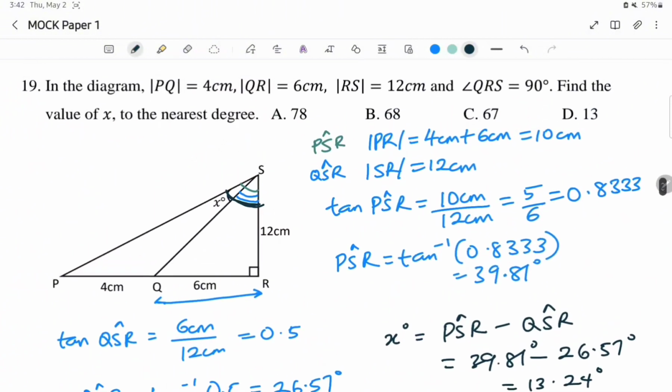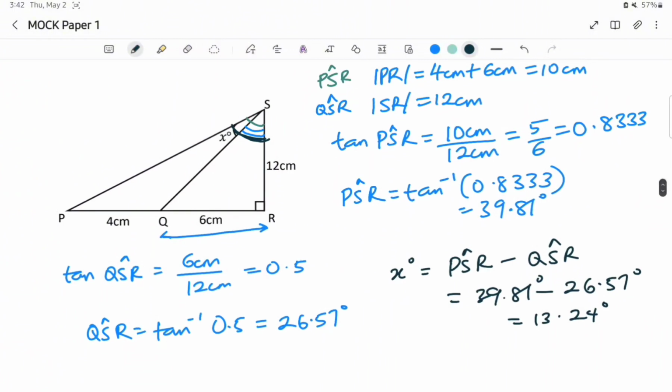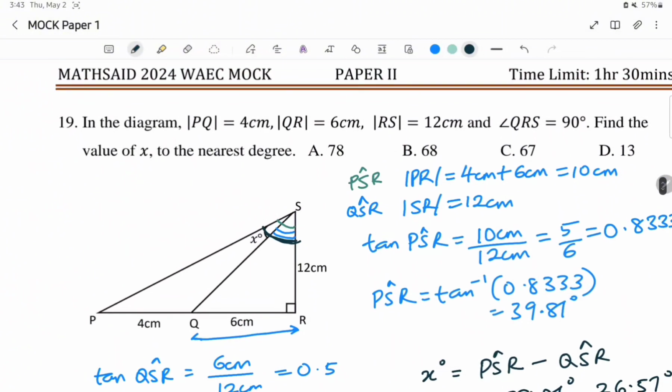However, the question asked us to find the value of x to the nearest degree, so we are going to approximate 13.24, and that equals 13 degrees. Option D.